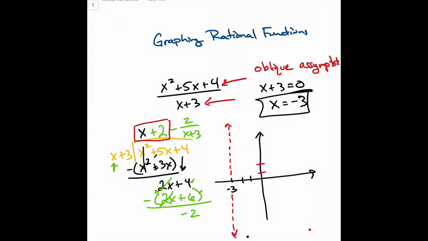At 2, and then my m is 1 over 1, so it's rise 1, run 1. That means my oblique asymptote is this line right here. So as I make out my function, my function has to avoid these two asymptote lines.